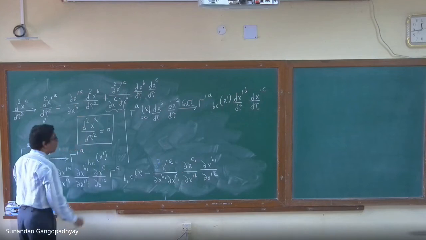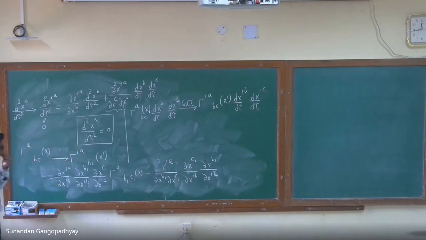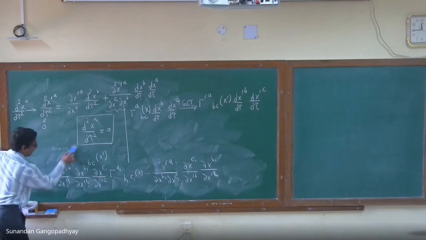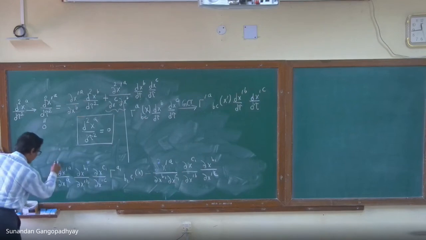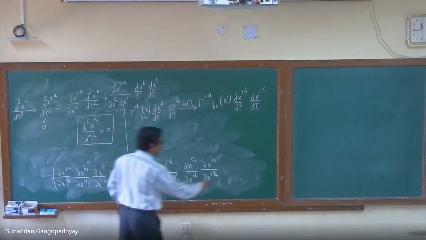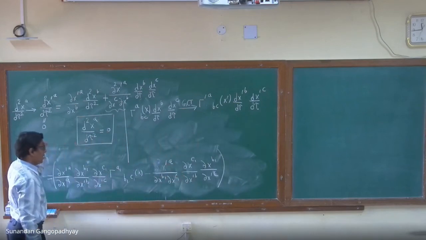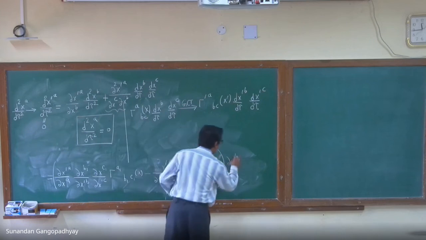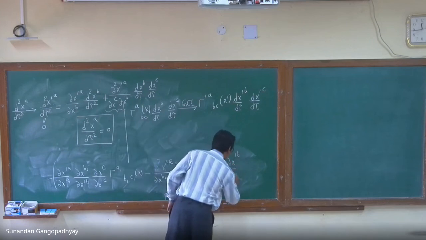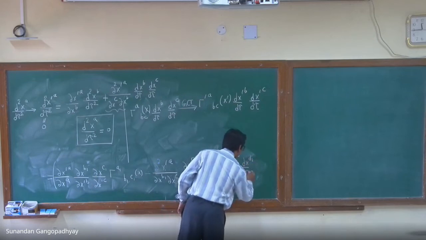I will not write this one again. If you wish, you can write it down in your notebooks. What I will do is multiply this by these two factors. We have these two factors, and what are these? These are basically del x prime b over del x b1, dx^{b1}/d tau.